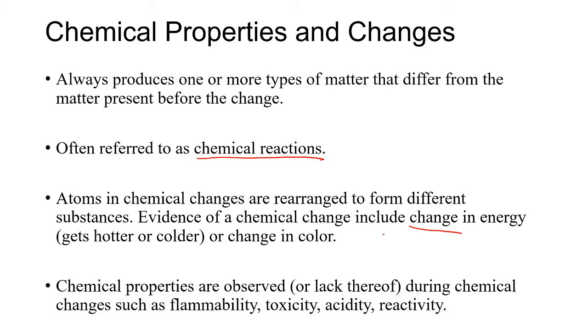It's not just the presence of heat being there or the presence of cold being there. It's the fact that it was something and now it's something else. So maybe it was cool initially, but then it got really hot when I mixed those two chemicals together. Or it was hot initially, and then when I mixed those other chemicals in, now it's cold. Same thing with the color. Maybe it was clear initially, and now it's white. That's a good example of a chemical change.